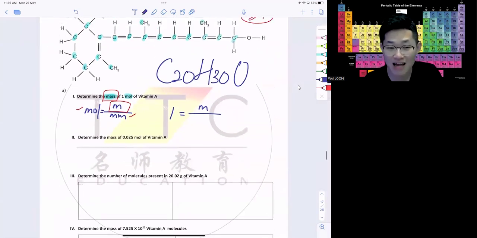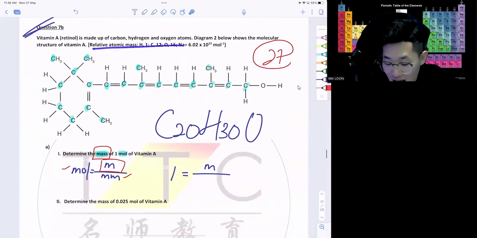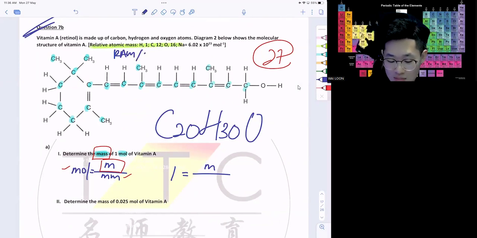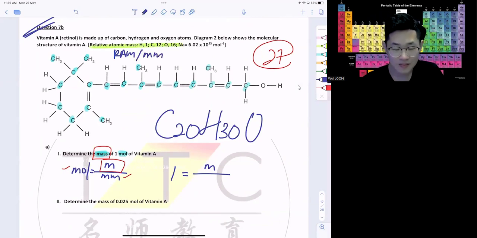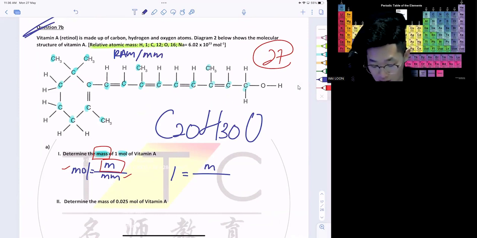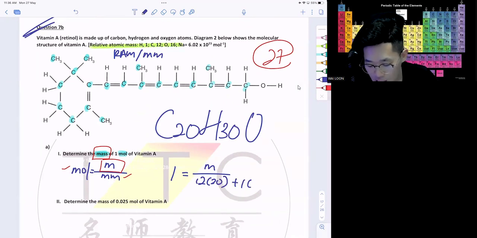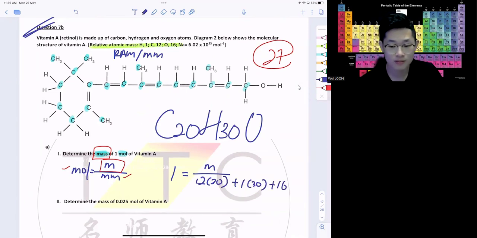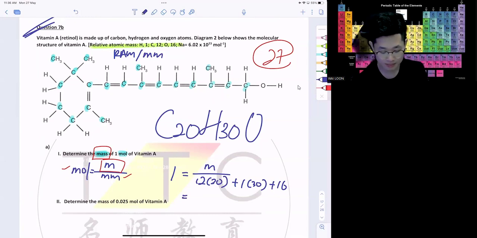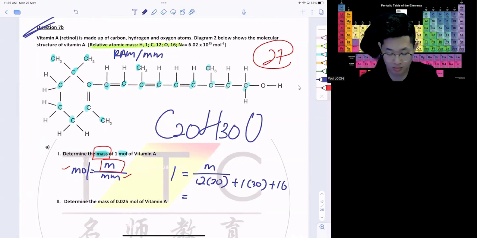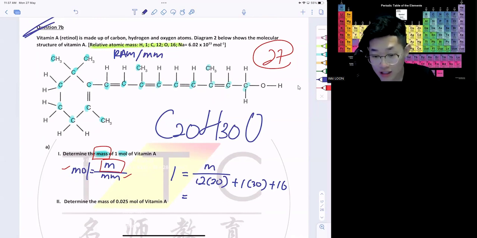Molar mass is RAM, the relative atomic mass, or we so call it molar mass. C20H30O. So C20H30 plus O to get 286.